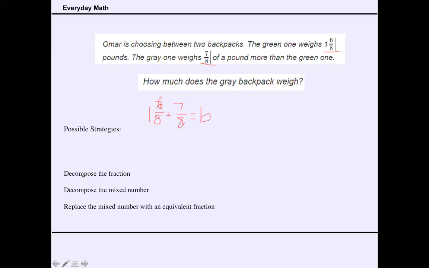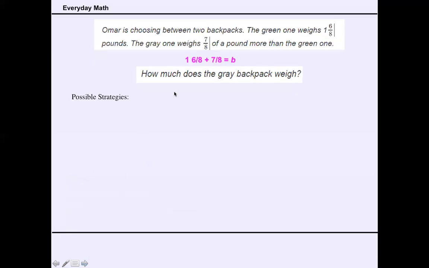So remember our strategies: we can decompose the fraction, decompose the mixed number, or replace the mixed number with an equivalent fraction. Okay, thankfully I can rewrite it here because that was a little messy. So for this one, I'm going to write it over, and I'm going to decompose it this time.